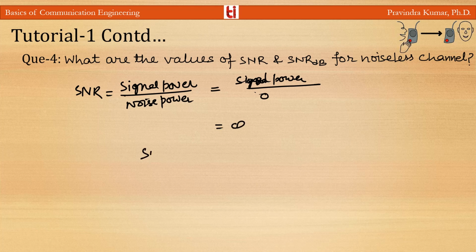SNR in dB will be 10 log 10 of infinity, which is infinity. So the SNR for a noiseless channel is infinity, and we can never achieve this ratio in real life. It is an ideal case because no channel is noiseless. Every channel has some noise.